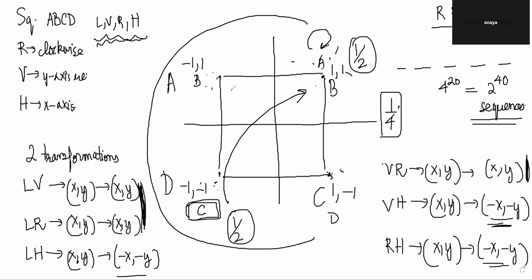Similarly, reflection in the x-axis will bring A here, B here, and C and D here.